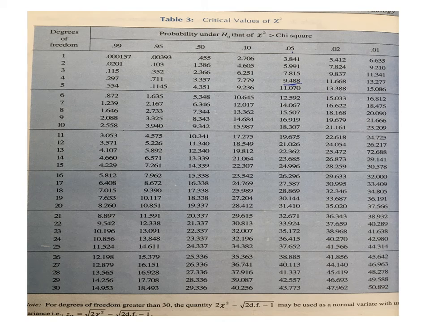Now this table shows the chi-square table with degree of freedom at different significance levels. In this particular question, the level of significance is 5% and the degree of freedom is 6 minus 1, which is equal to 5. So at 5 degrees of freedom, at 0.05 level of significance, we have value 11.07.